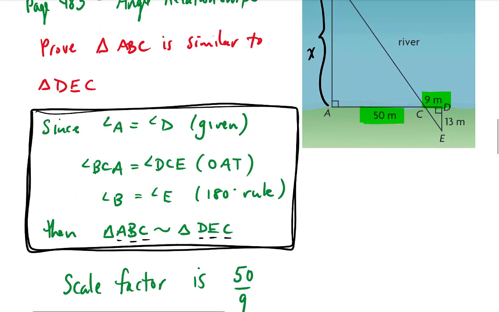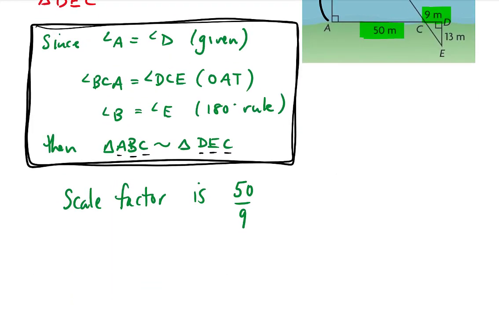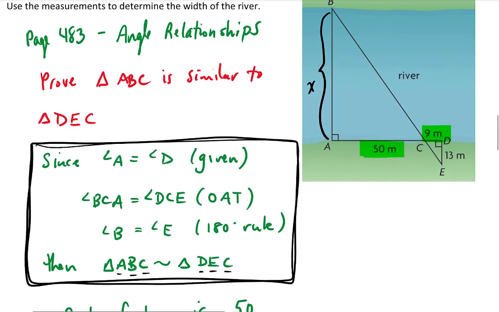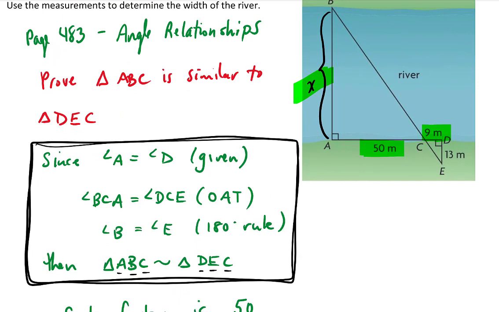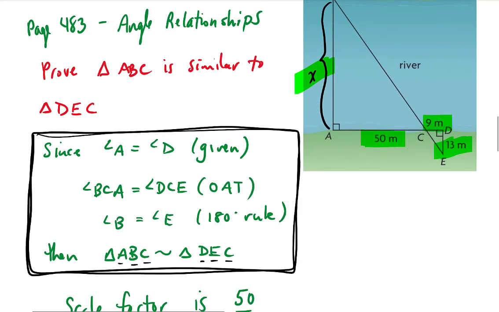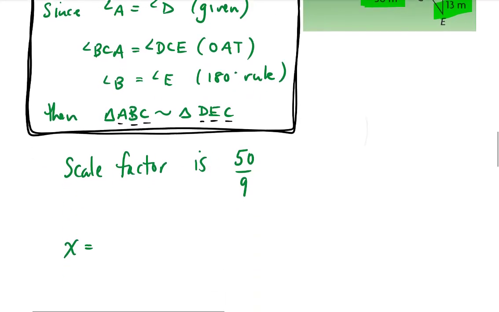And therefore, if we want to find x, we know that x is proportional. So here's x is proportional to the 13 side. So AB is proportional to DE. So I need to get 13, multiply it by the scale factor to get x.